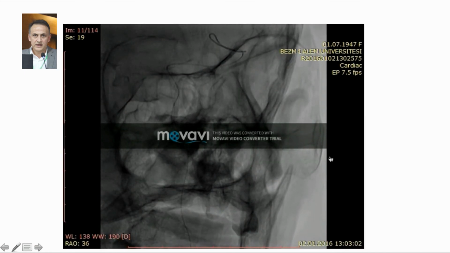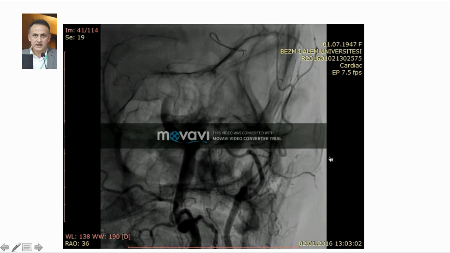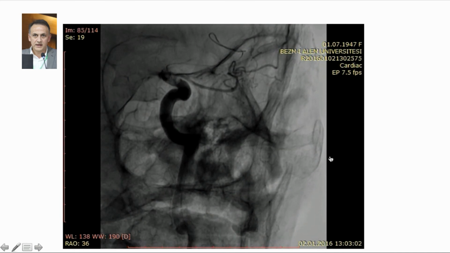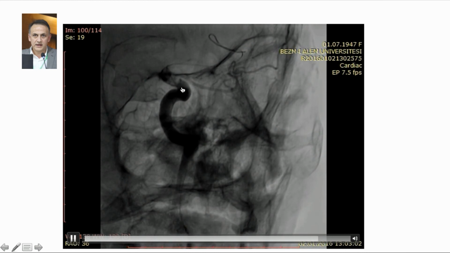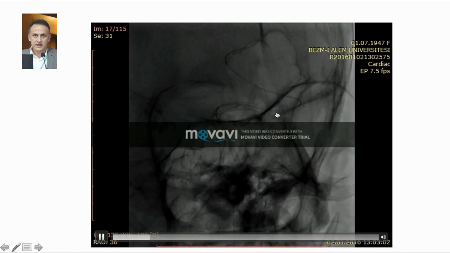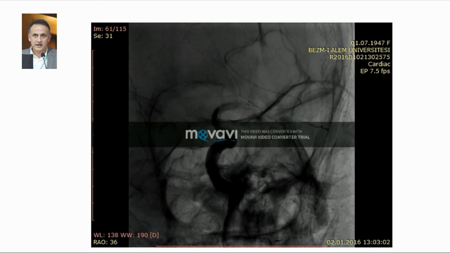Then after that, they saw that there is a clot there, and they couldn't remove anything. They thought it's better to put a stent at this level. You see the huge thrombus, and they put a stent. After the stent, they gave some contrast, and they found this.